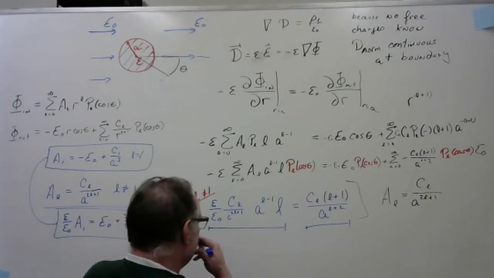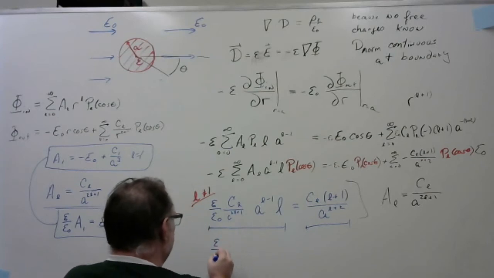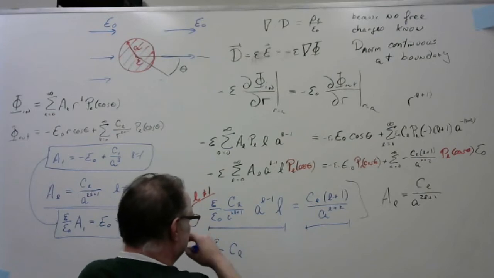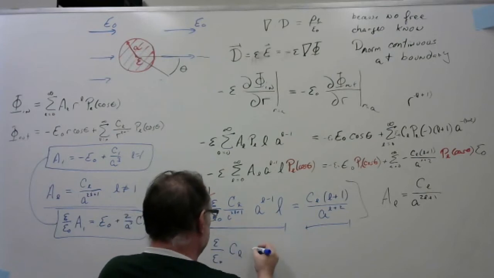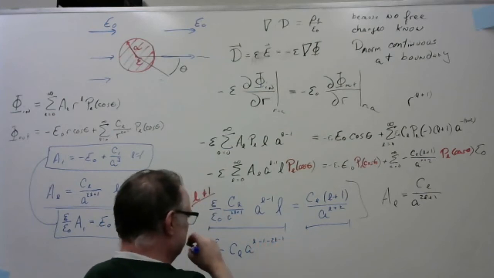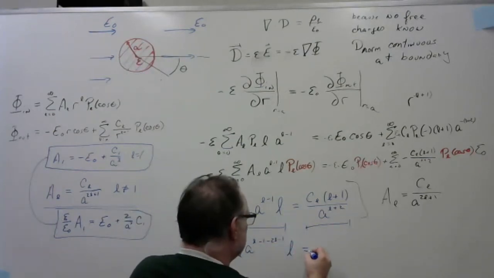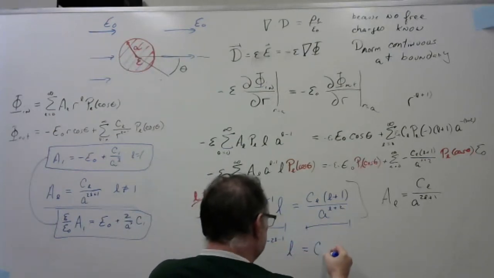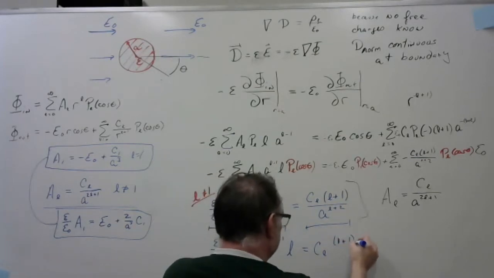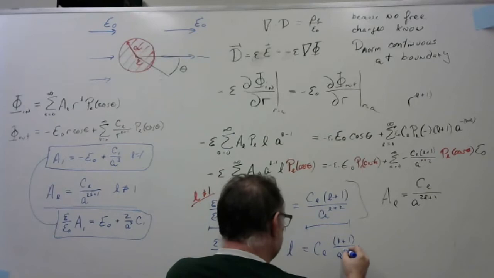Let's see, A to the 2L plus 1. So let me try to gather all these things together. So I got epsilon over epsilon naught CL A to the L minus 1 minus 2L minus 1. And I got to multiply that by L equals CL times L plus 1 divided by A to the 2L plus 1.